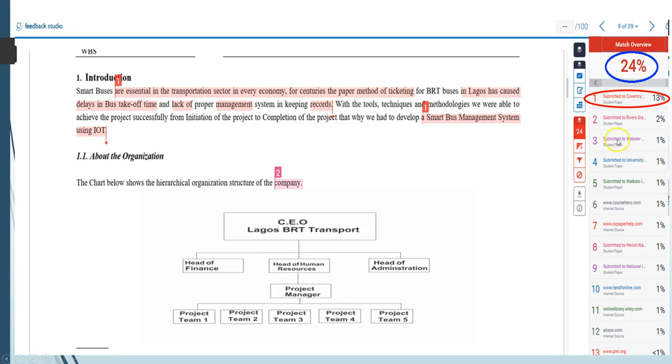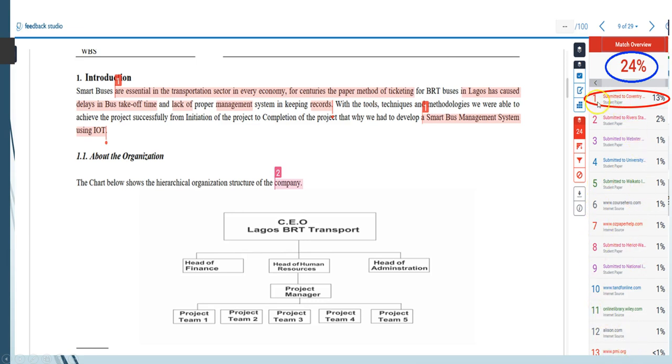So when I present you with this, for instance, this submission came back with 24% originality. And if you drill down, you'll find out that 13% matched a student paper, 2% matched another student paper submitted to Rivers State University, and then 1% matched, so you find all the matches, 1%, less than 1%.